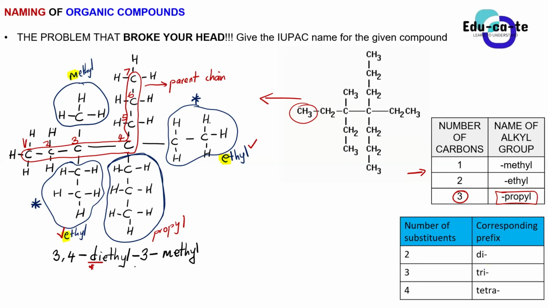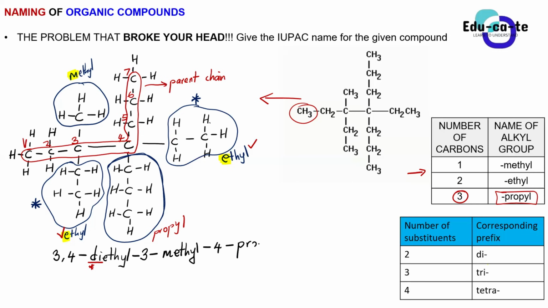What else is there besides the 3,4-diethyl? Dash 4-propyl. Yes, because the only remaining substituent now is propyl.